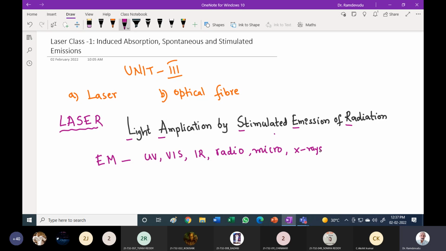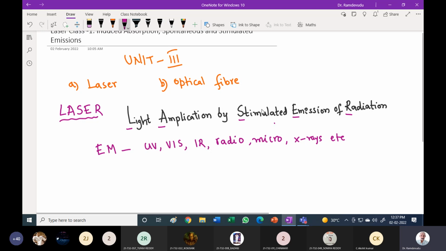So laser is just like light, it is electromagnetic radiation only, but it has specific characteristics when compared to ordinary light.